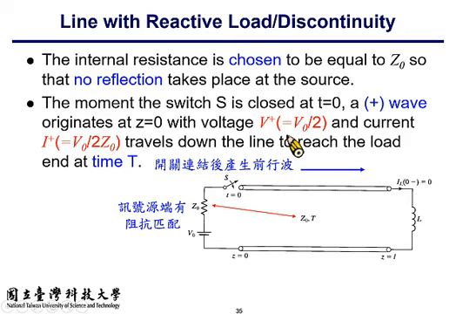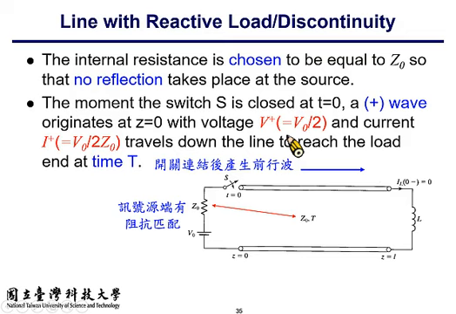The DC voltage source shall start to charge up the circuit, should start to provide energy and inject this energy into the transmission line system. All right? And how does it charge up this transmission line?